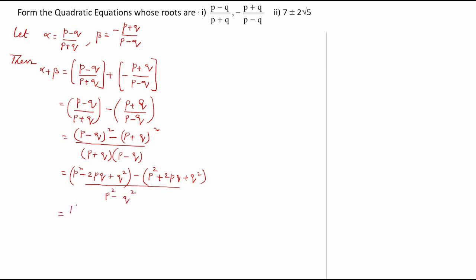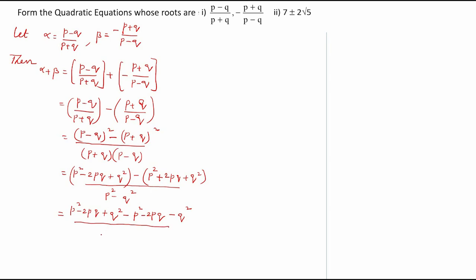So let us simplify the numerator. We will open the bracket: p square minus 2pq plus q square. In the second bracket, all the terms should be multiplied with minus because we have minus outside. So this is minus p square. Minus into plus 2pq is minus 2pq. Minus into plus q square will be minus q square.